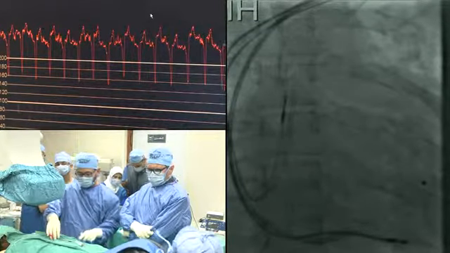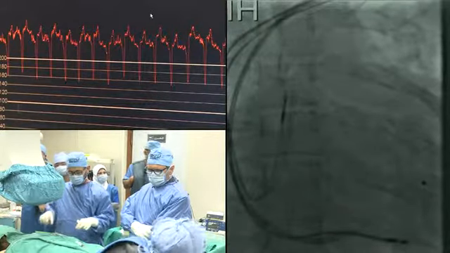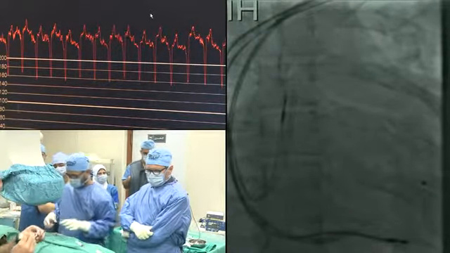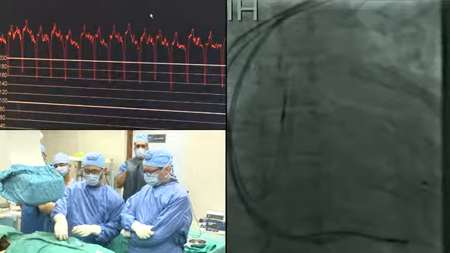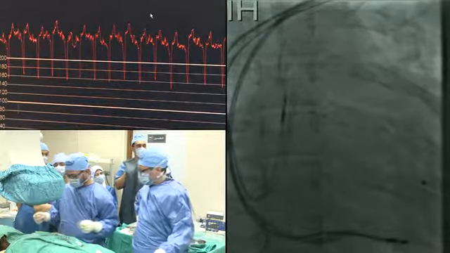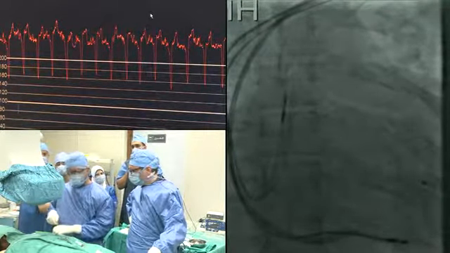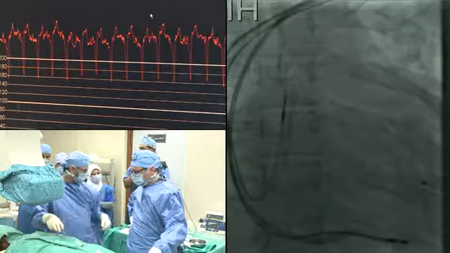Atrial and ventricular leads are introduced through a normal pull away sheath without a valve. Just after introducing the lead, usually I peel the sheath away and put the plug in to prevent any bleeding from the access site.